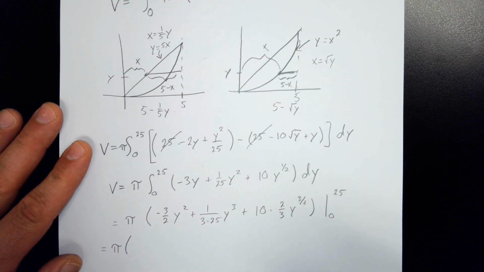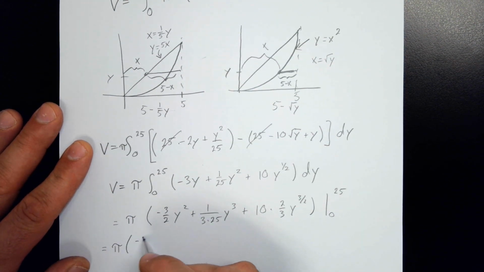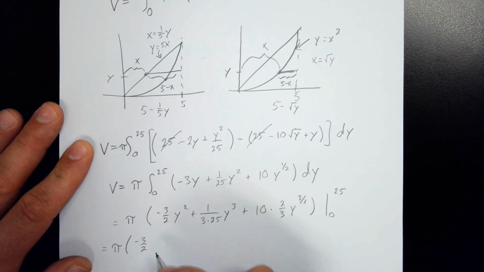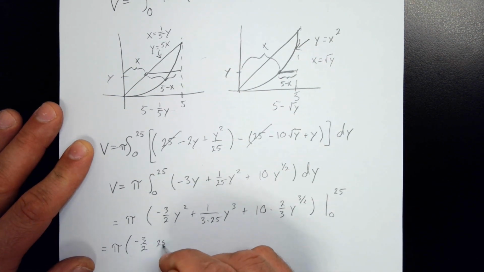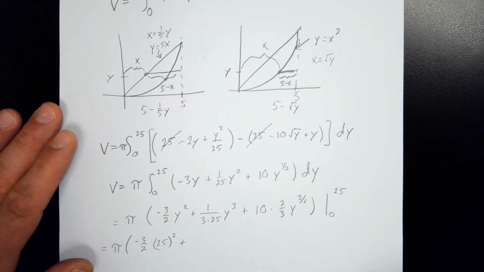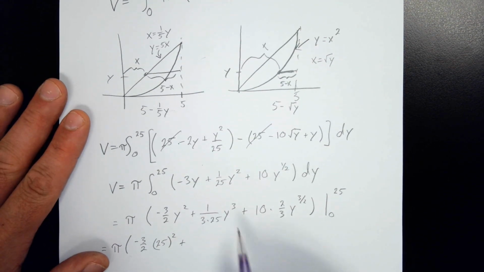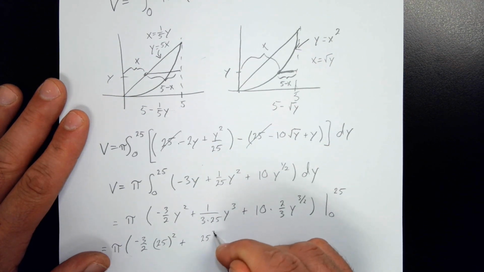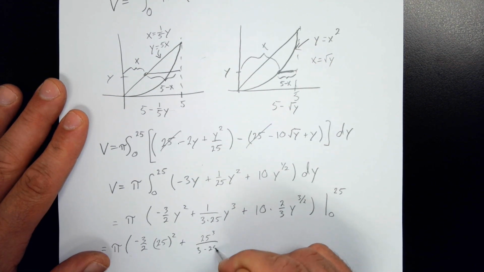Let's see. Negative 3/2 times 25 squared plus 25 cubed over 3 times 25.